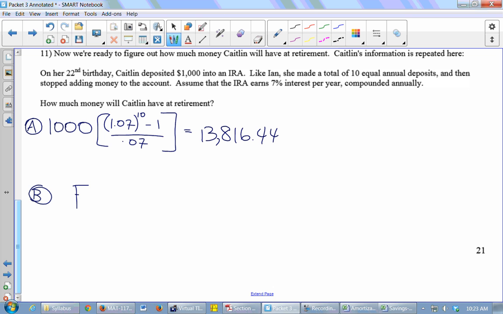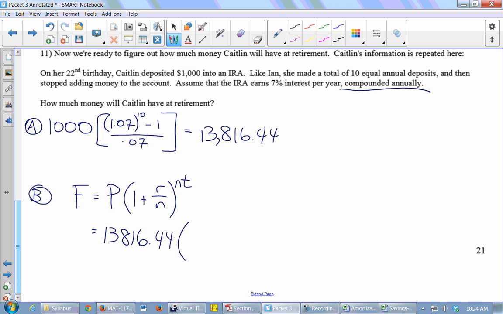So the future value of that money is based on this formula, where n is the number of compoundings per year, and because this is compounded annually, it's a 1. And P is my 13,816.44 times 1 plus 0.07 over 1.